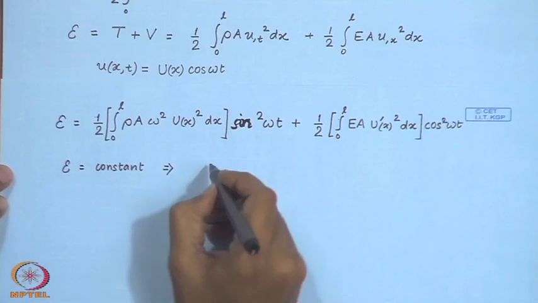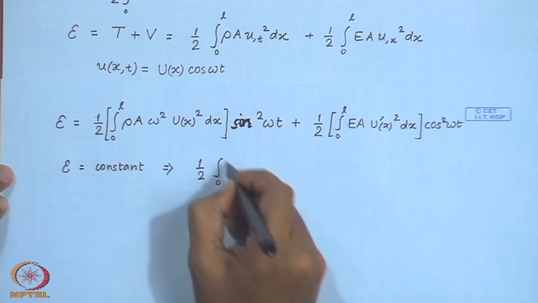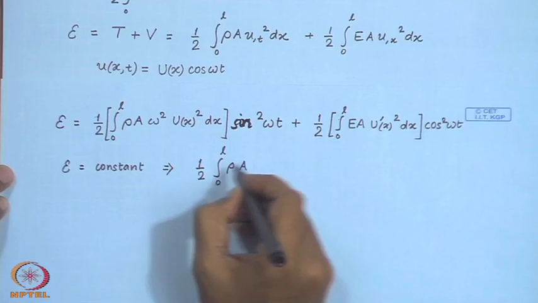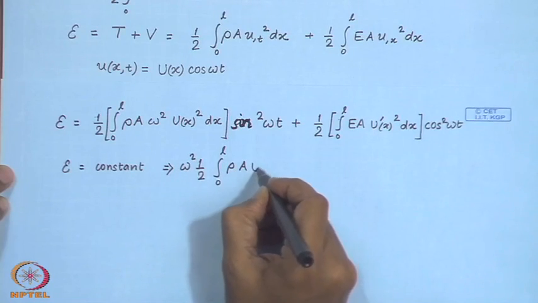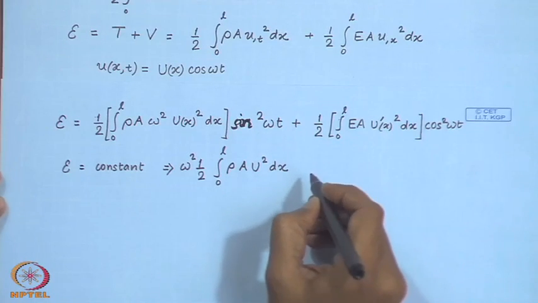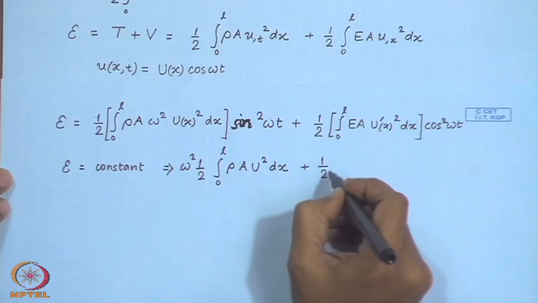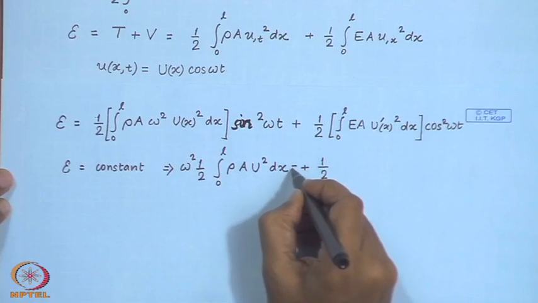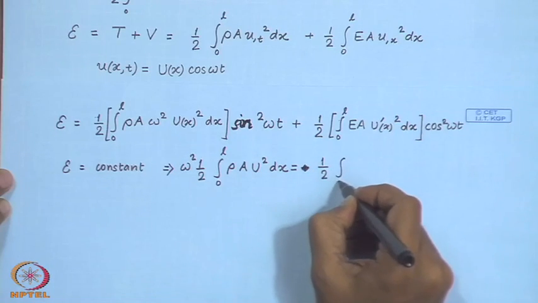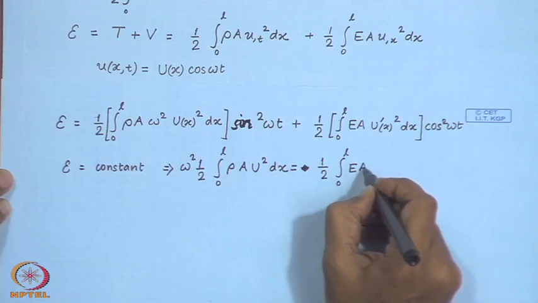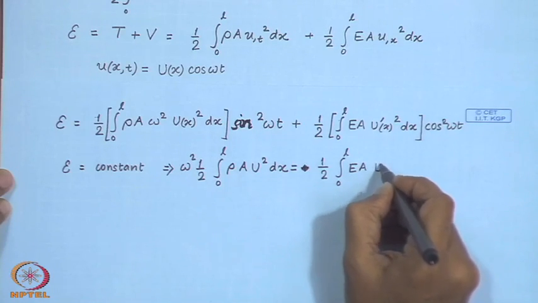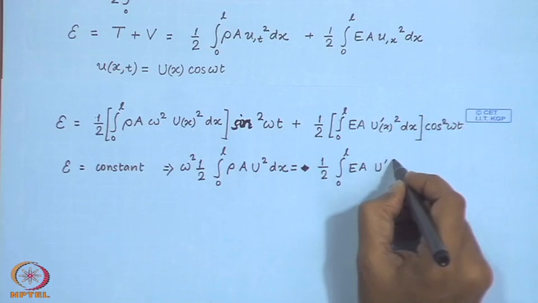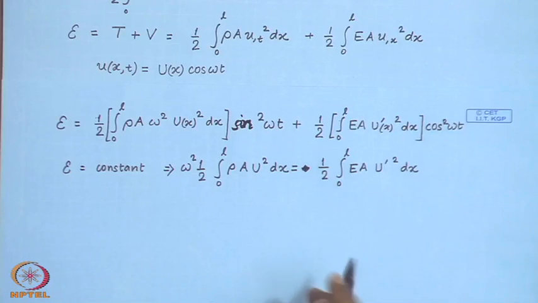So, energy being constant would imply that these two coefficients of the sin square omega t and cos square omega t must be equal.